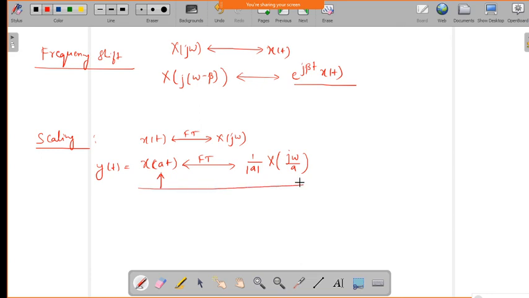Now try to prove this by taking the Fourier transform equation. You take y of j omega and substitute y of t as x of a t and find the scaling version. One thing is you have to take a less than 0 and a greater than 0 cases separately. For a less than 0 you replace a by minus a, and for a greater than 0 you replace a by plus a.